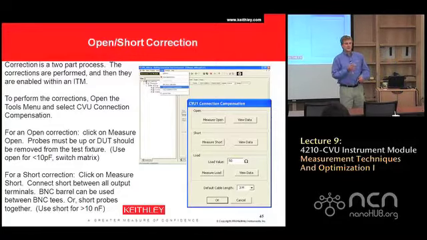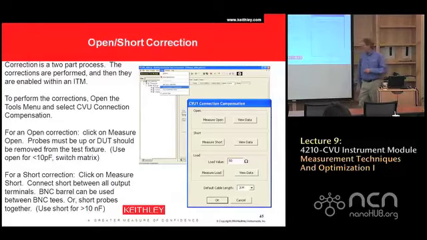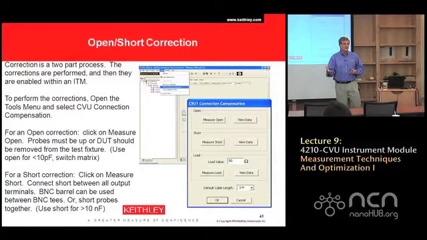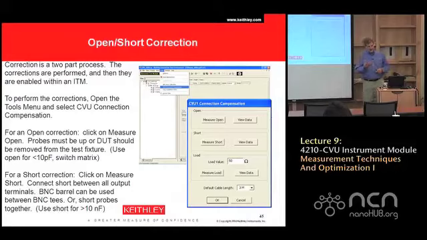That's a very good question. Let me repeat the question. The question was, traditionally, we ignore this third parameter, the load correction, because it's very difficult to have a known load that I can put out there. And the answer is that's the correct thing to do. We only added this load correction capability because it's in there in a traditional LCR meter.